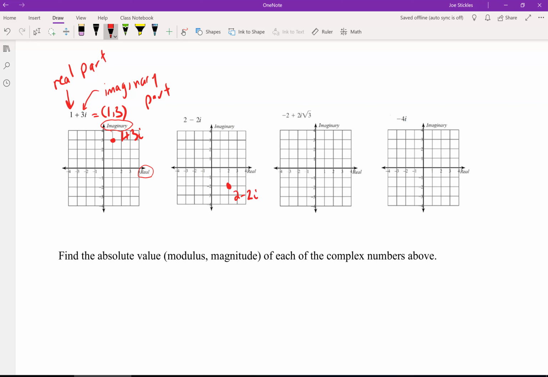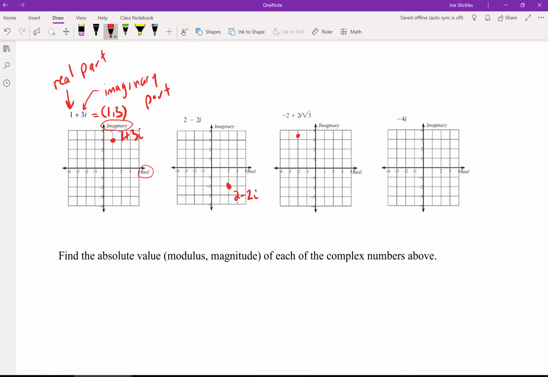So that would be your 2 minus 2i. Same idea here. I have a -2, so I would go left 2. And then I have 2 root 3. Root 3 is about 1.7, so 2 times that's about 3.4. So we'll go up to about 3.4 and plot that there.